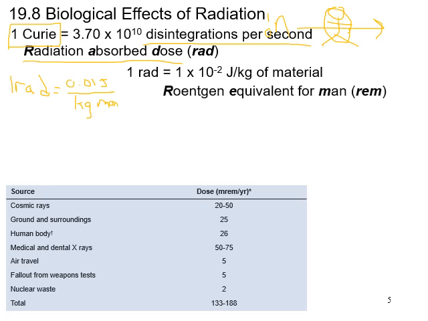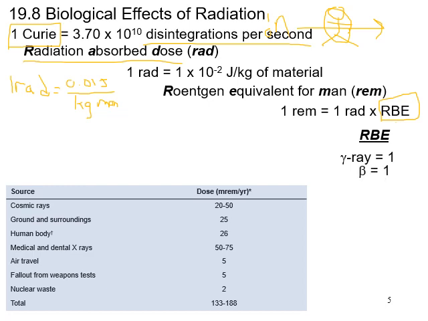A Roentgen equivalent for man, or a REM, is a rad times this RBE. This RBE is a factor that is multiplied by the rad for the type of particle that is being absorbed. So if it's a gamma ray, it's a factor of 1. If it's a beta particle, it's a factor of 1. But if it's an alpha particle, it's a factor of 10.